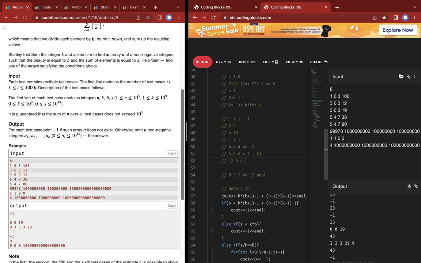So what am I missing here? Cannot make the sum lower than this, 18. So that means this is correct. And we have already figured out that this thing is nuts.